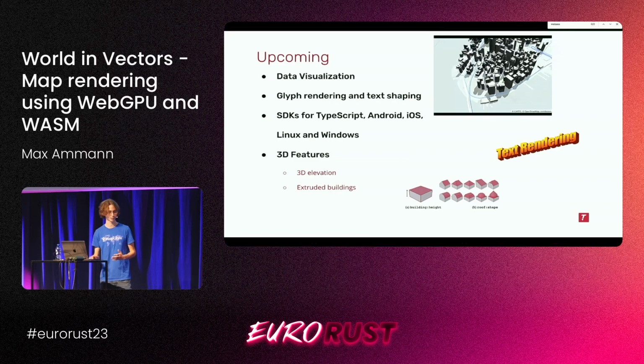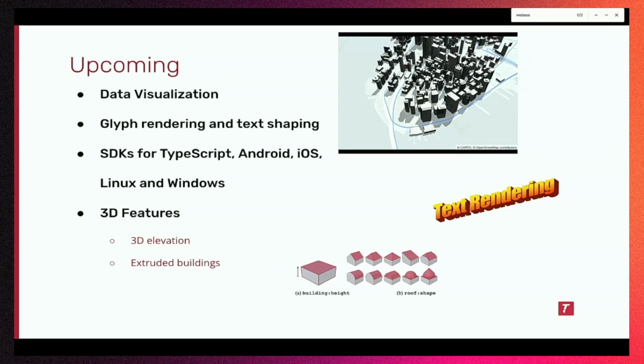Some upcoming things which are fun to work on: I really want to get into data visualization, maybe also of live data. Text rendering is a very interesting and cool problem, but unfortunately it's very hard. At some point there also need to be SDKs which fit the MapLibre ecosystem, for TypeScript, Android, iOS, Linux and Windows.